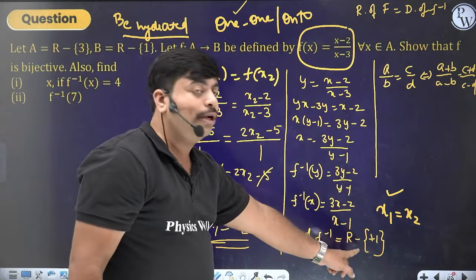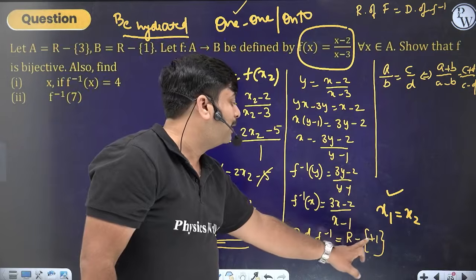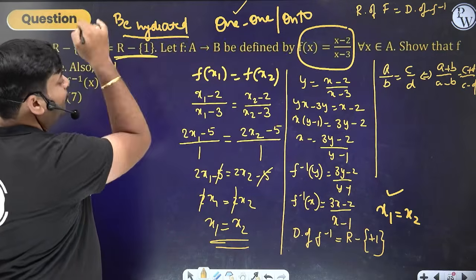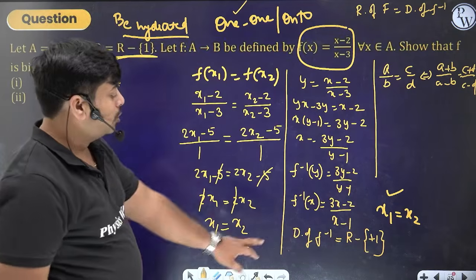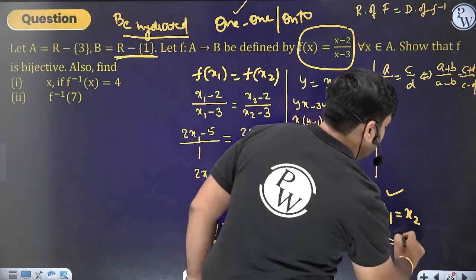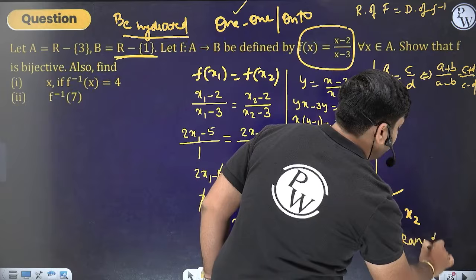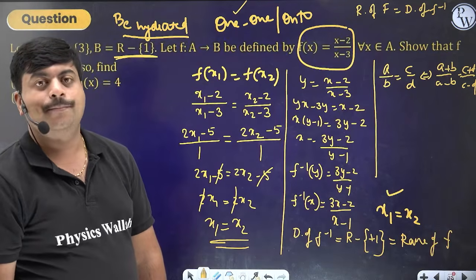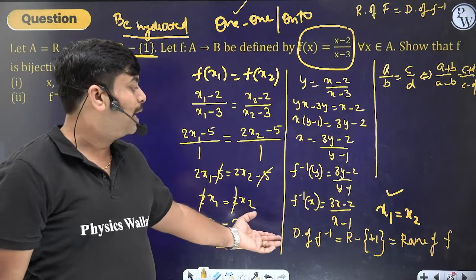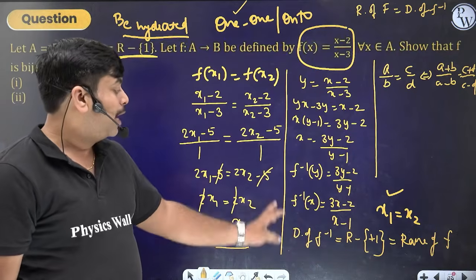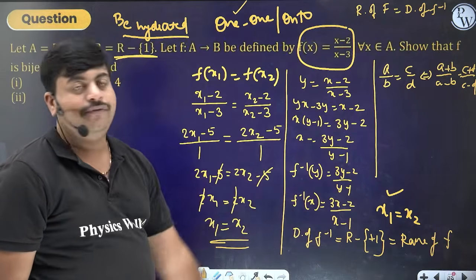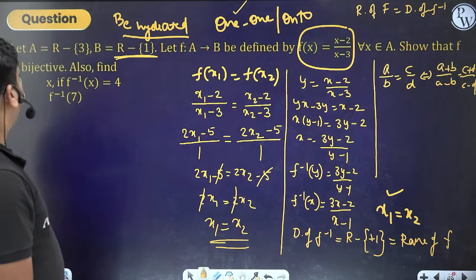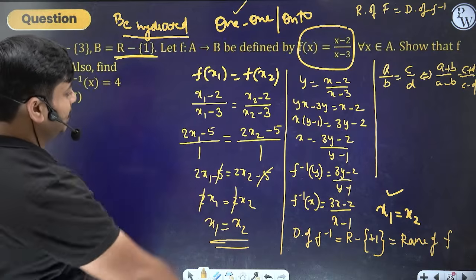That's the reason I'm not including it. So R minus {1} is nothing but the range of f. So the domain of f inverse is nothing but the range of f. It is enough to say that it is an onto function. If you can say the domain of f inverse is the range of f, it is enough to say that it is an onto function.